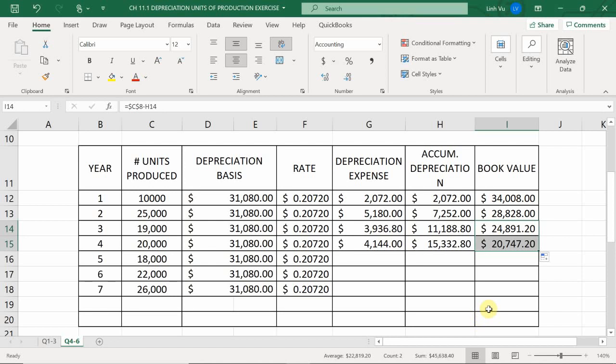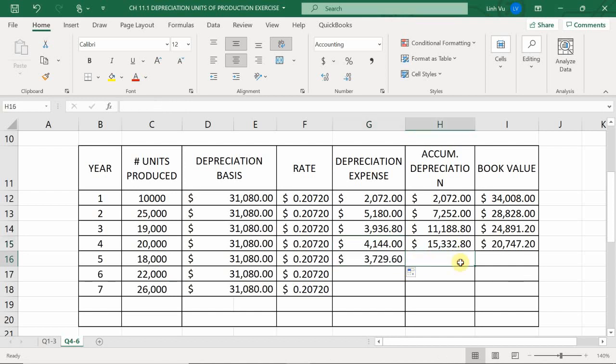Year 5, if I drove 18,000 miles, my depreciation expense is going to be 3,729.60.